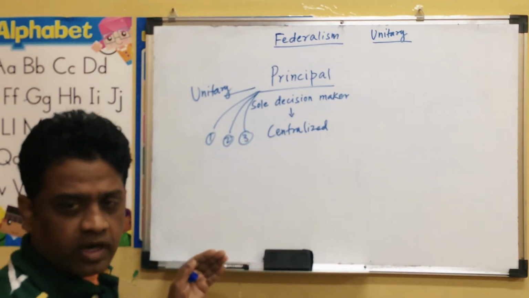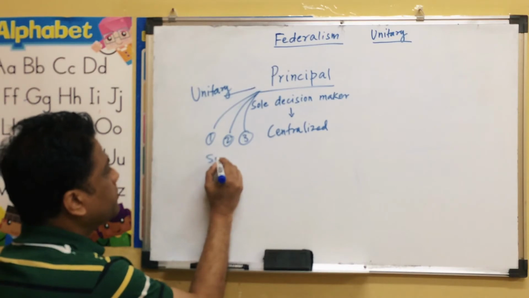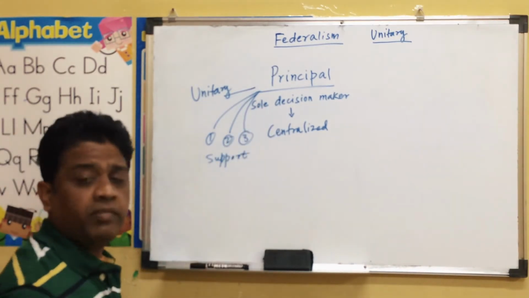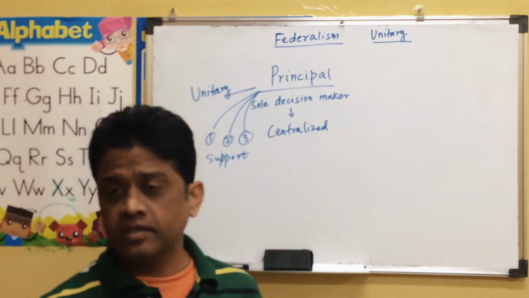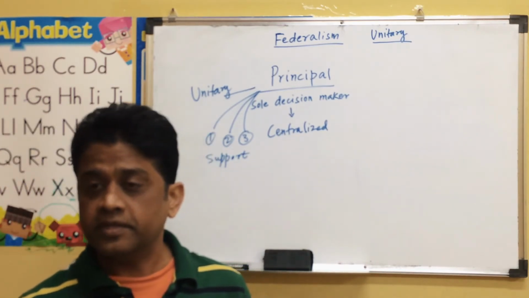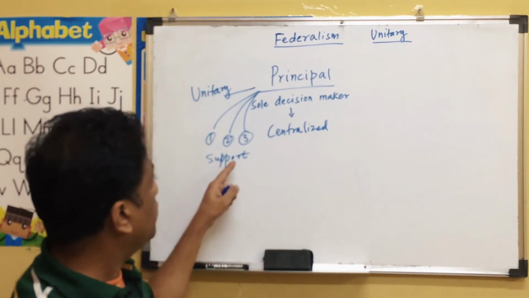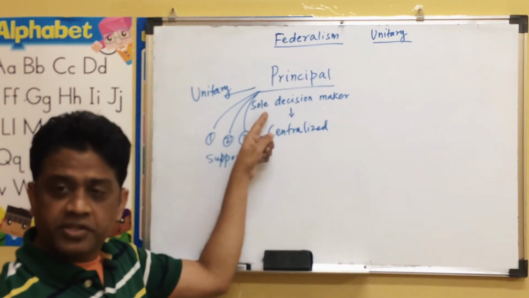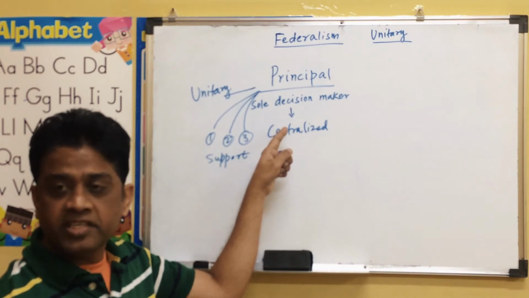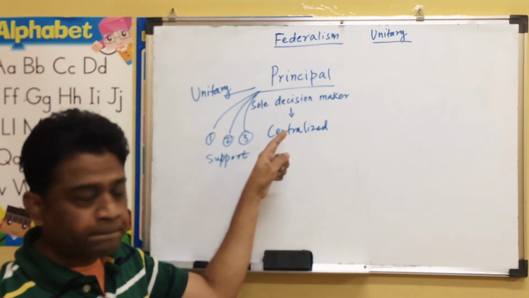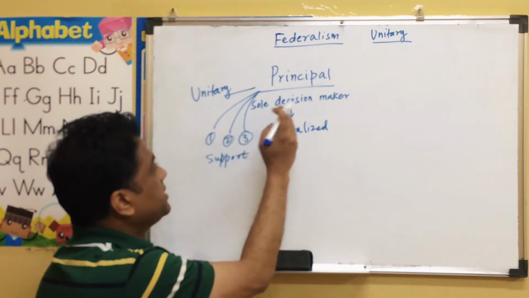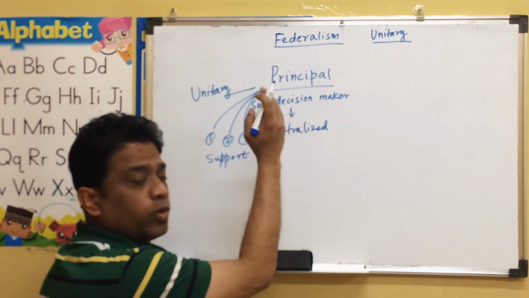These 3 people are going to support him in taking the decisions regarding the school affairs. These 3 people will not take decisions, they will only support the principal in managing the affairs of the school. So in a unitary system, the decision making is centralized at one place.